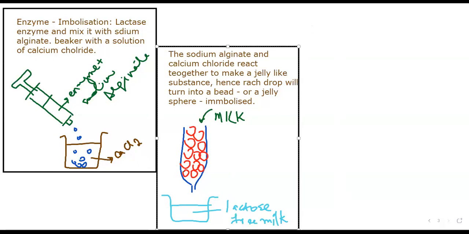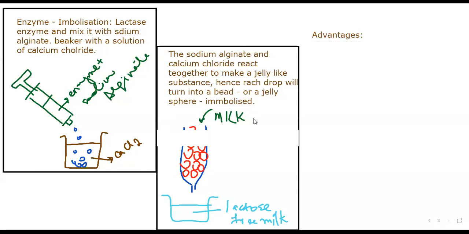So what are the advantages of all of this? Why would I want to do enzyme immobilization? What are the advantages of this process? If, for example, you can ask me, Miss, why can't I just take the lactase and mix it with my product over here?